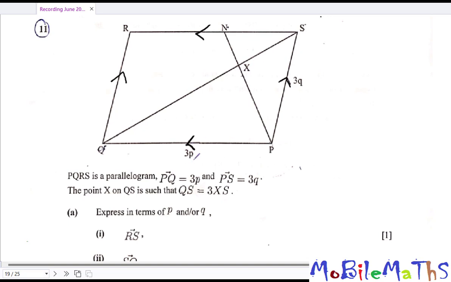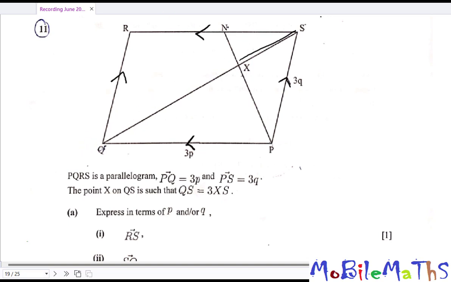Then we are given the vector PQ and also PS like that. Then the point X on QS is such that QS is equal to 3XS. So what it means is that this ratio of this side XS here is going to be times 3 to get the whole of this side here.